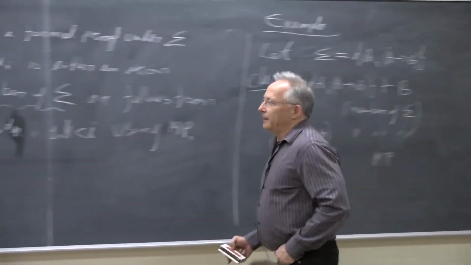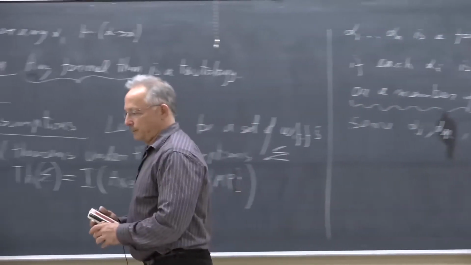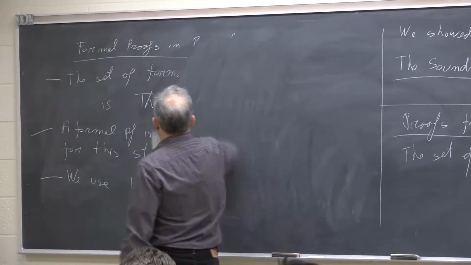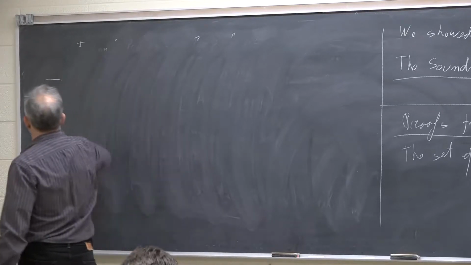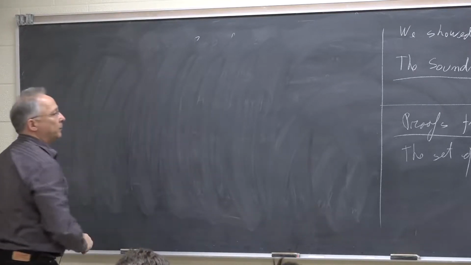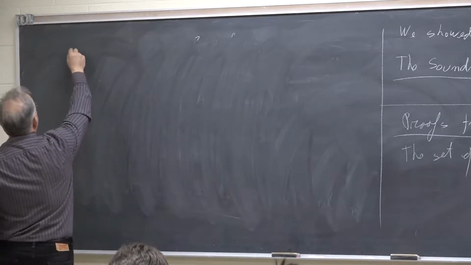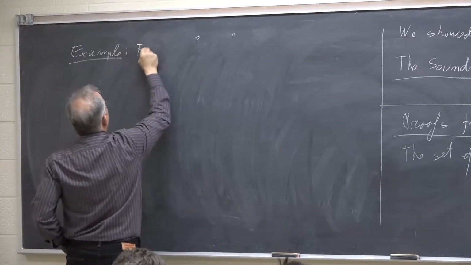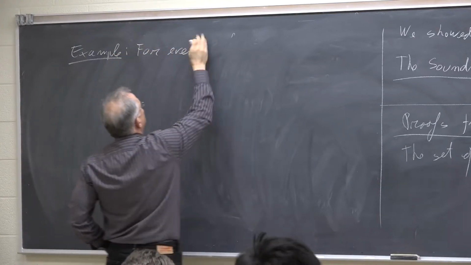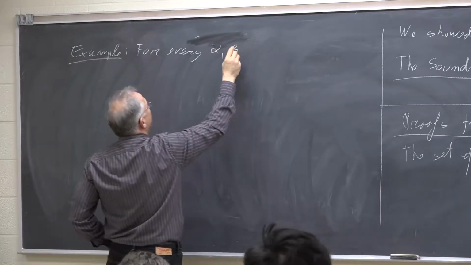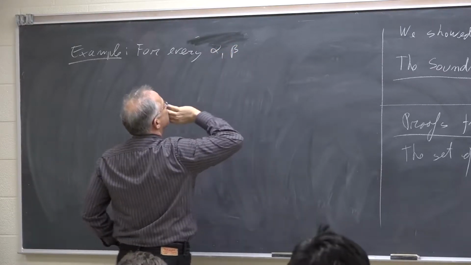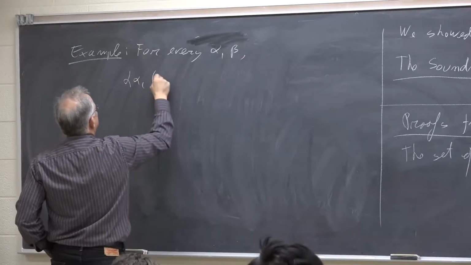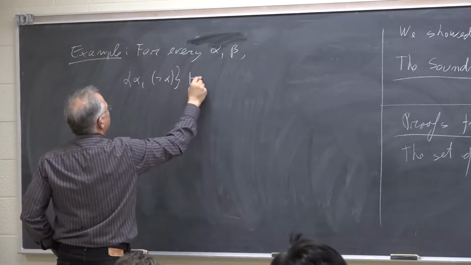So let's do a slightly more difficult example. Now I want to claim that for every alpha and beta, alpha and not alpha can prove beta.